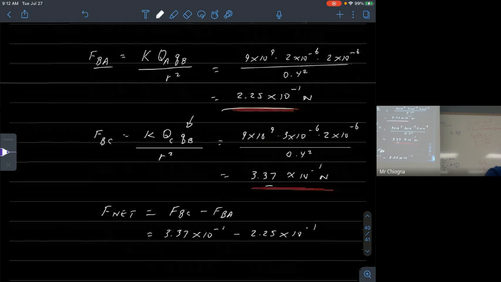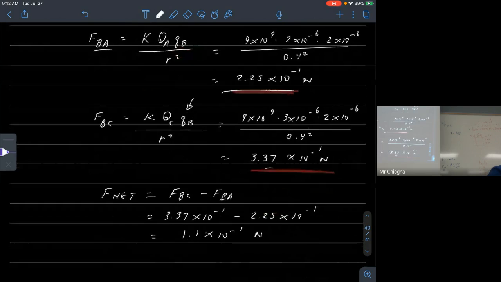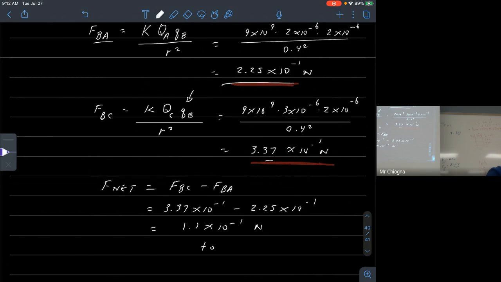So what is that? 1.1. And yes, I already mentioned it up here, but it's to the left. Okay. So flip the page to 272.